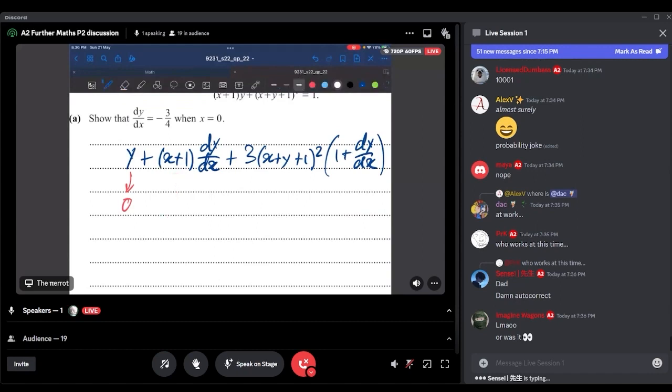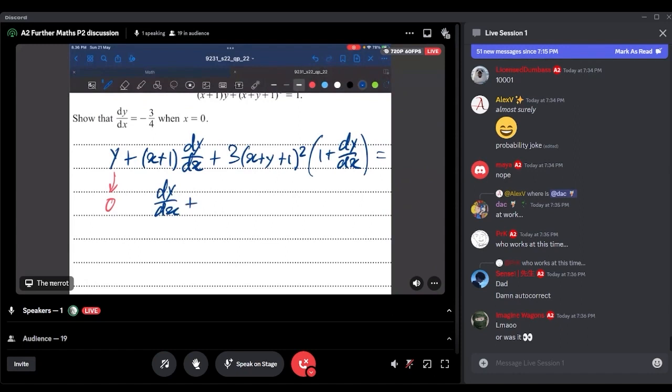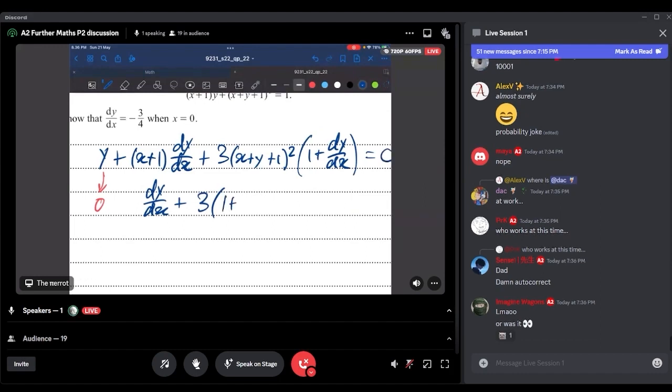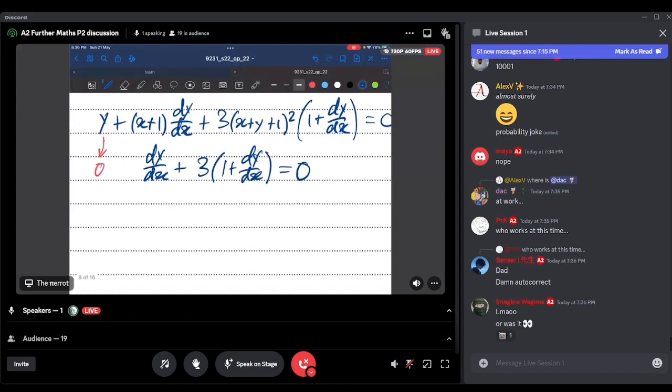So dy/dx right here, plus x is 0, y is 0, so it just leaves you 1. You have 3 times 1 plus dy/dx, like this. And you can just make dy/dx the subject. You guys should know that. And you have your answer. Okay?